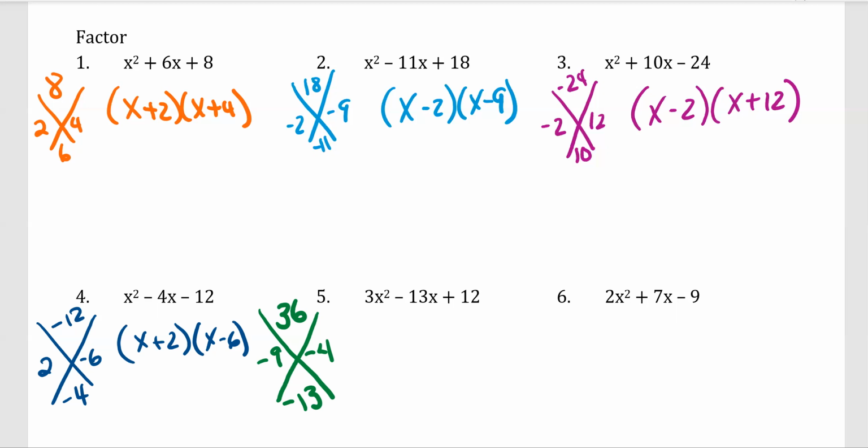So if we factor using the AC method by grouping, take out your greatest common factor.